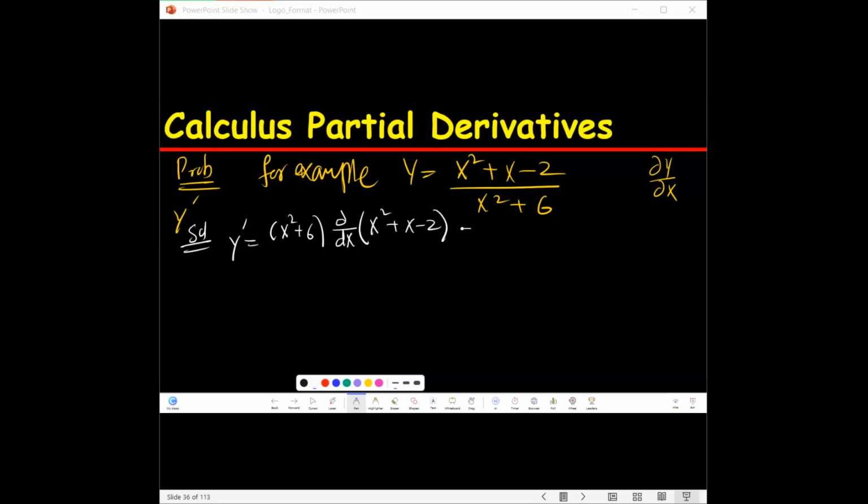Then minus. Then write the numerator as is, and take the derivative of the denominator, and divide the whole thing by the square of the denominator.